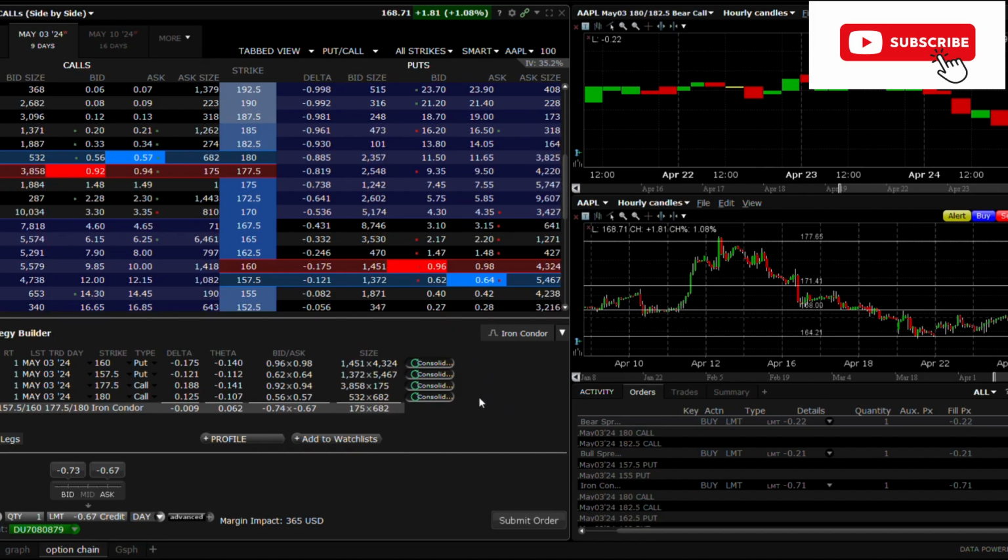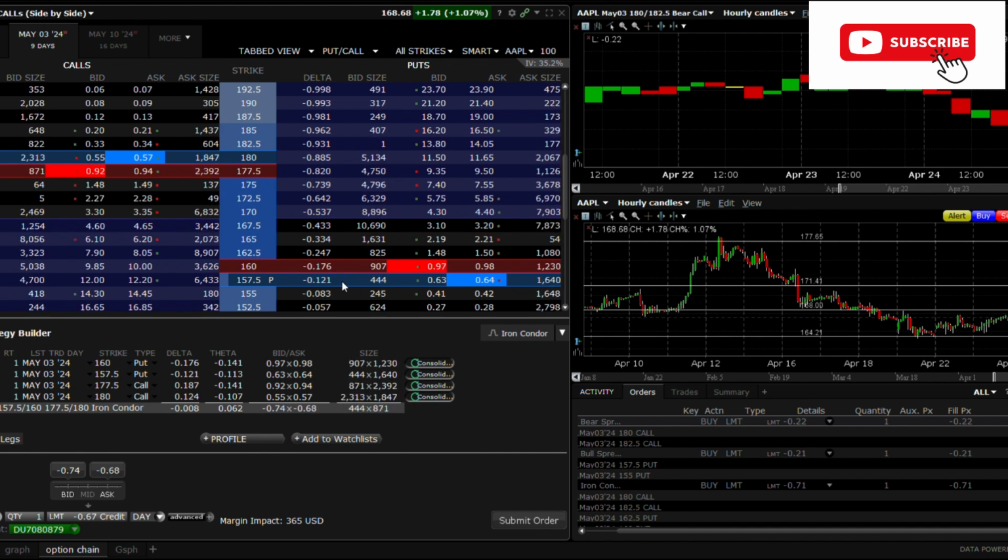If you look at YouTube, you will see people having equal width from the center as another strategy that they use. But if you look at it now, the delta values are the same, but this is not always the case. Delta values will not be the same when you take an equal distance from the center.